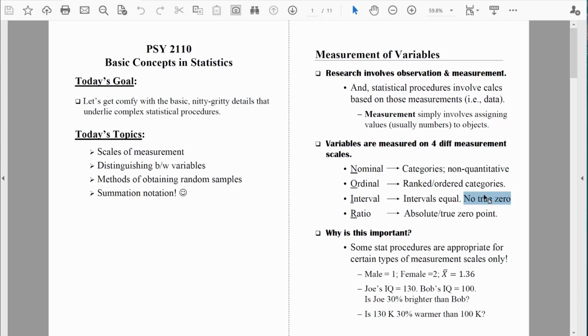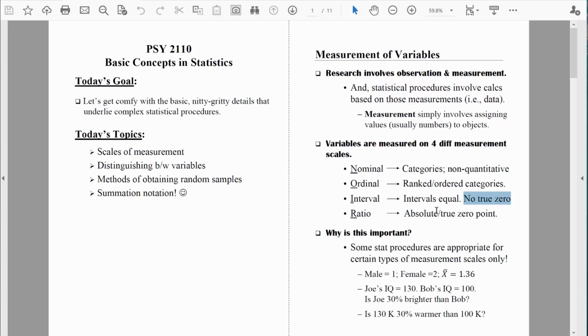Let's ask ourselves, though, this critical question now. Do we have a true or absolute 0 point? When we're talking about measuring temperature, we're talking about measuring heat. So 0 degrees Celsius, does that represent the absence of heat? And the answer is no, because negative values make sense. I mean, you could measure something and find that it's negative 10 degrees Celsius.